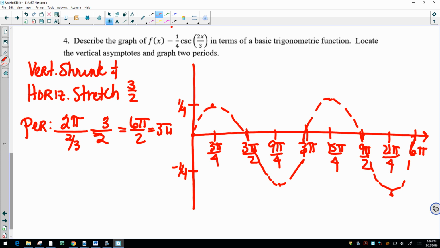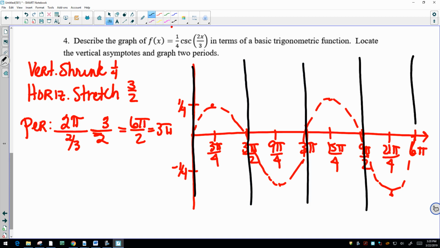Then I'm going to go through and say all of my zeros are my asymptotes. So I have a 0. Don't forget you get a 0 back here. So we got an asymptote there, asymptote here, asymptote here and at the end. Then we can go through and say, maximums of sine are minimum of cosecant. Minimums of sine are maximums of cosecant. That's one period. Here's period number 2.